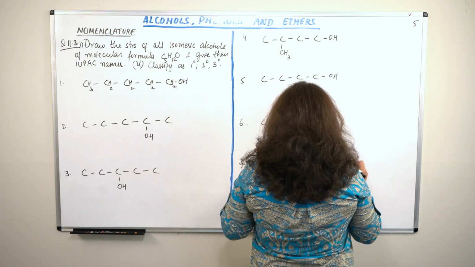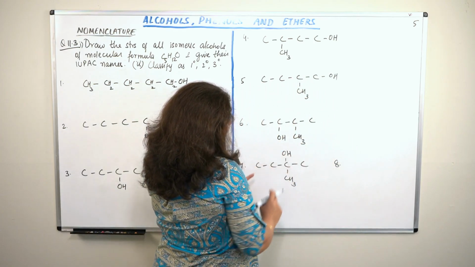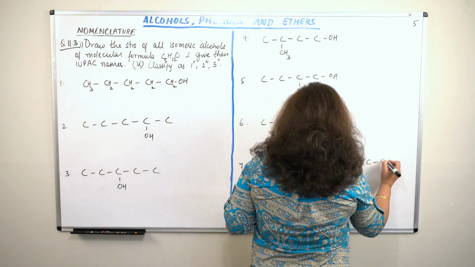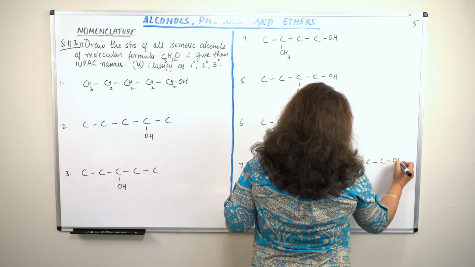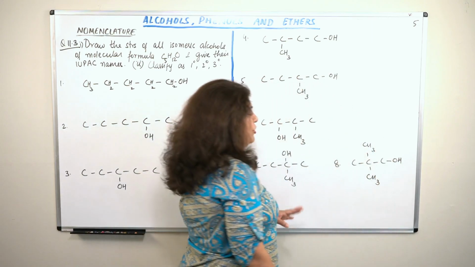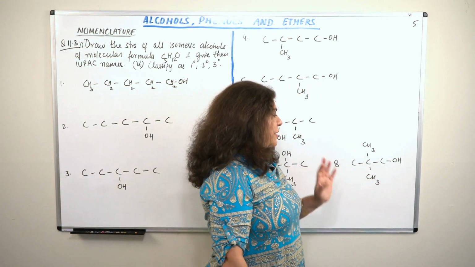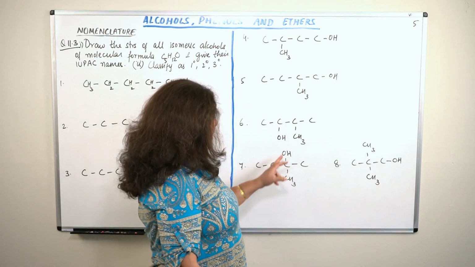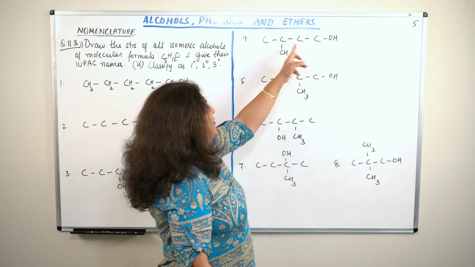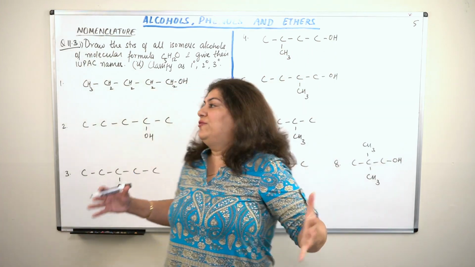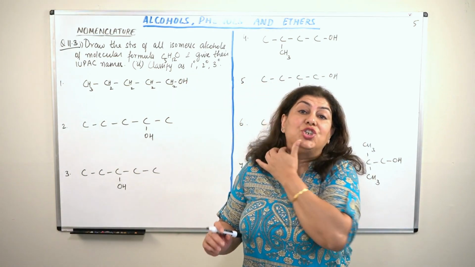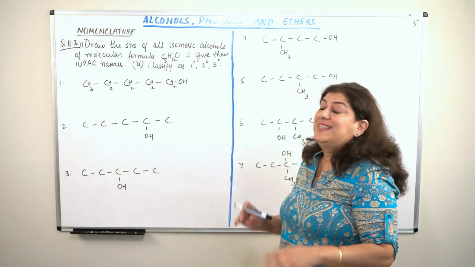So if instead of one branch it was 2 methyl groups, 2 branches, then we could have 1, 2, 3 carbons, OH, and 1 methyl group here and 1 methyl group here, which makes 5 carbons and OH. These are the maximum number of structures that I can make which have OH in them, which means that they are alcoholic.